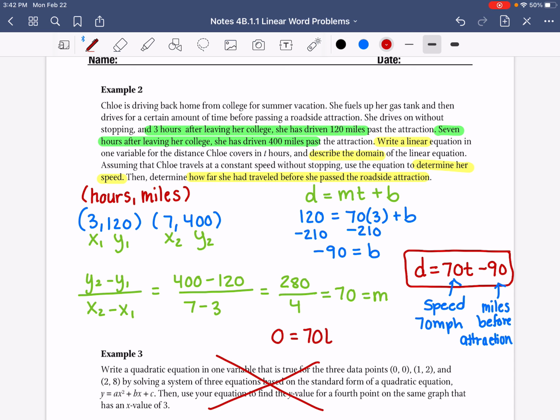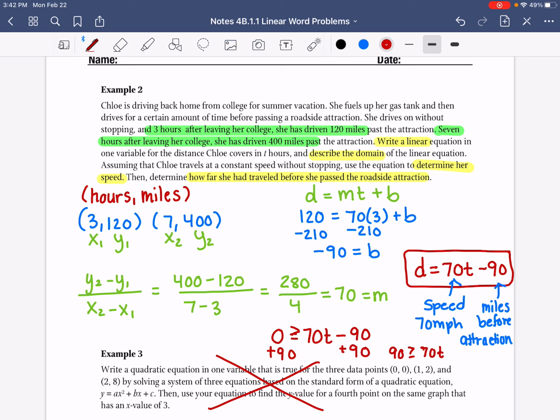So we're just going to set our distance equal to 0 and solve real quick. I'm going to add 90 to both sides. I don't have a whole lot of room, so I get 90. I wrote equals, but technically it has to be greater than or equal to 0 because it can't be less than 0. Your distance just has to be greater than 0.